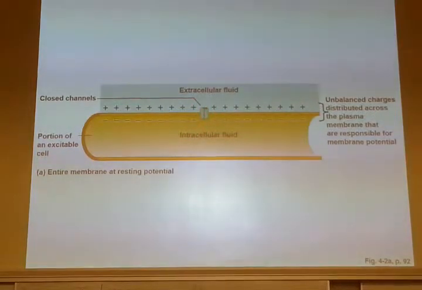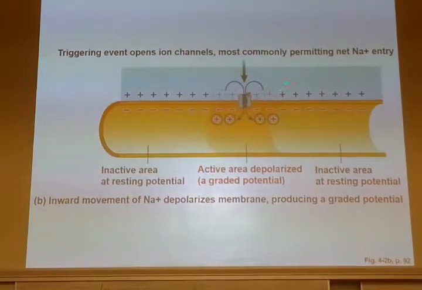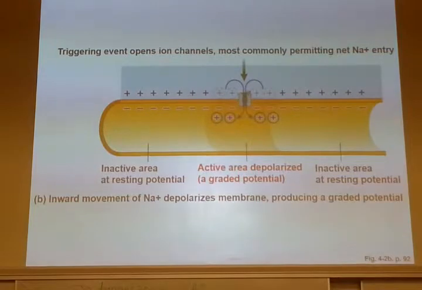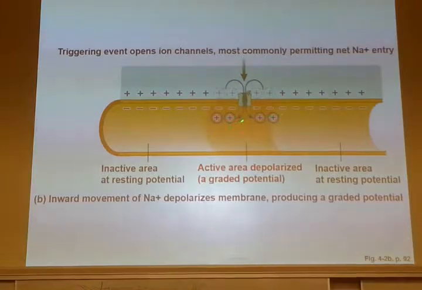So to open that channel, you need a ligand. You need a neurotransmitter. So we have the neurotransmitter bound to the protein, that's the channel. The channel opens, positive charge is leaving the outside and diffusing inside the cell. Notice charges are diffusing both directions. So some of them are going to the right, some of them are going to the left.